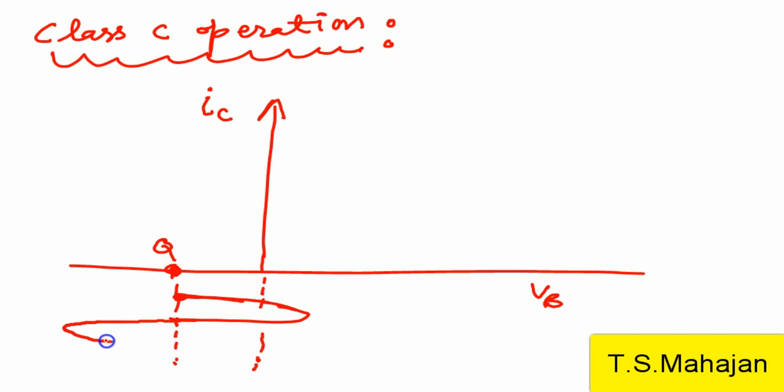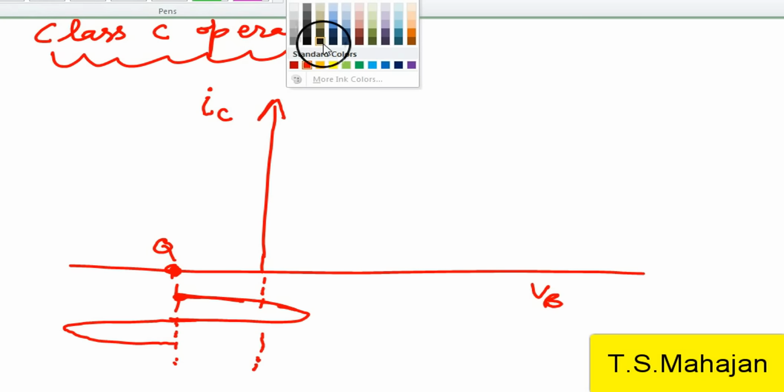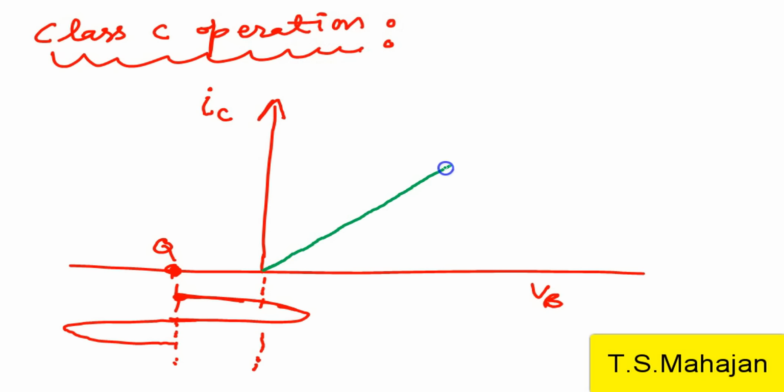With that the base voltage varies, but only a very small part. So this is the dynamic curve. Now look here, only a very small part is converted to the collector current. So only this part of the input signal.